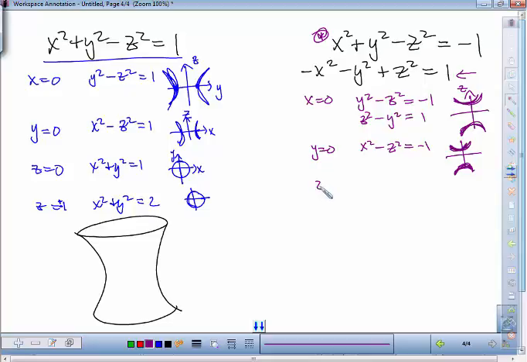And when z is equal to 0, we'll see that x squared plus y squared is equal to -1. So there's no image for that, which means this thing doesn't exist on the xy plane.